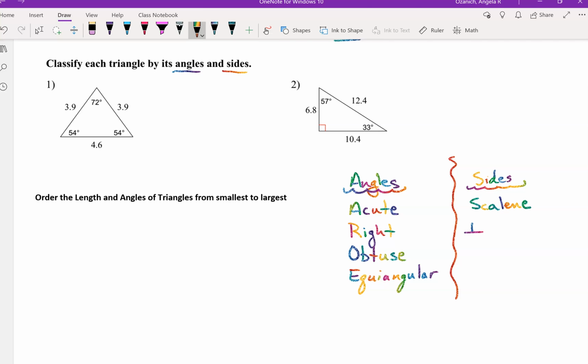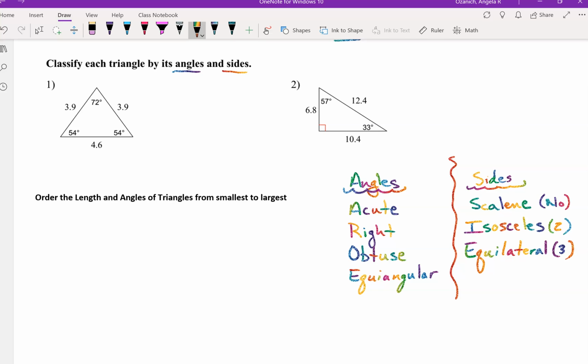It could be an isosceles triangle, and that means that 2 sides are equal. We'll put no sides equal in parentheses here, and 2 sides equal here. It could be equilateral. Again, that equal prefix. Lateral means sides, and that would be all 3 sides are equal.